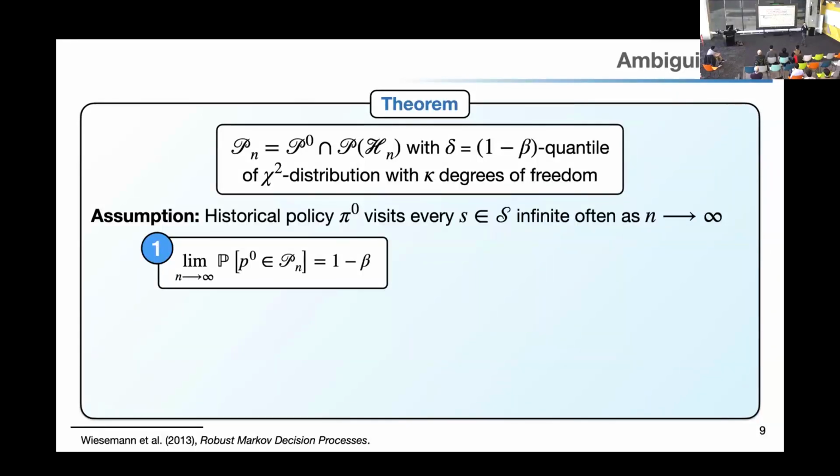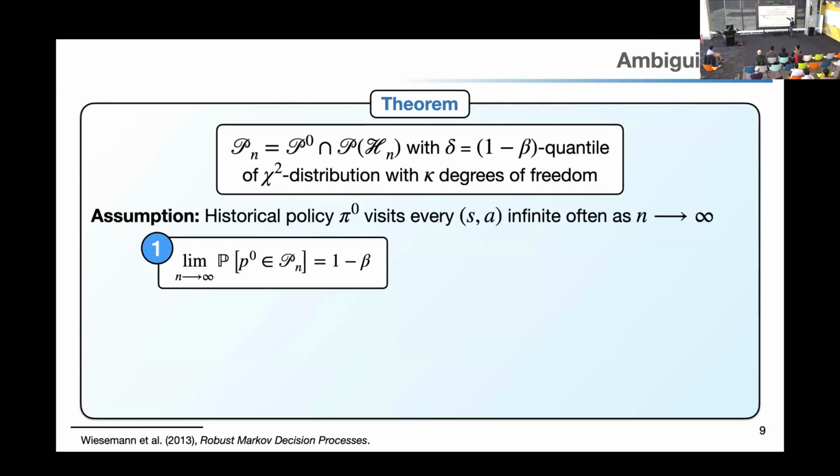But of course, this property could potentially come at a price of an unreasonably large ambiguity set. So in order to understand this, let's make the following stronger assumption. We can relax this assumption, but for the purposes of this talk, I would like to keep it like this.